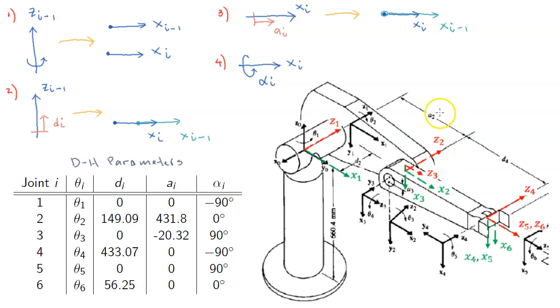Okay, so let me just try to draw it again. So I'll draw my X3 and Z3. So this is Z3 and this will be my X3.